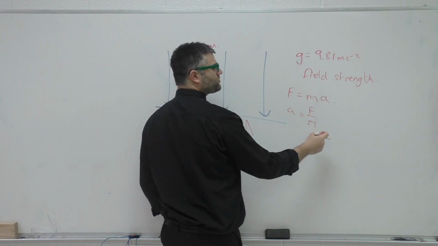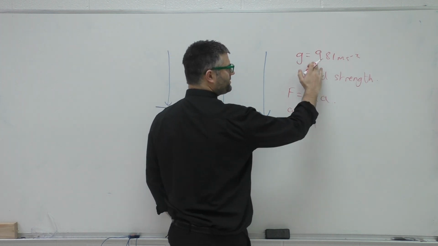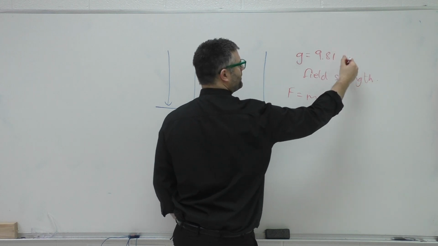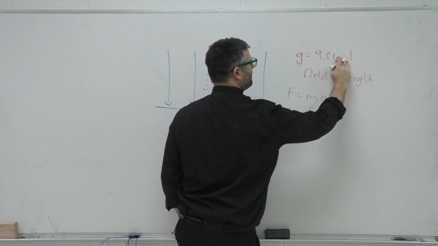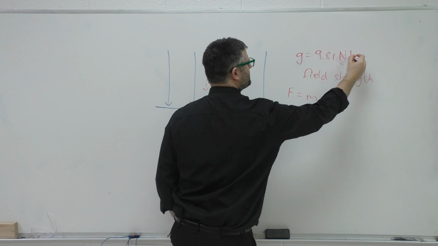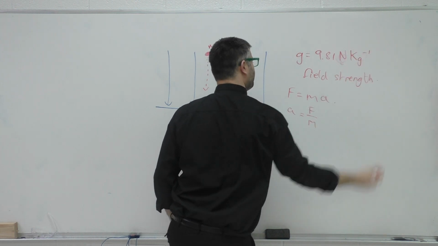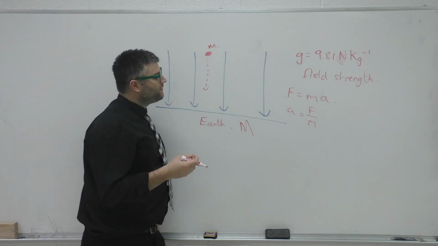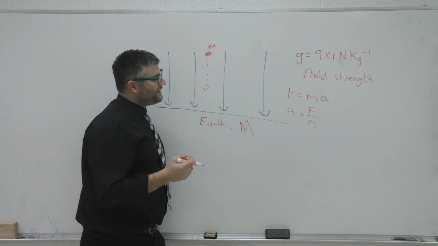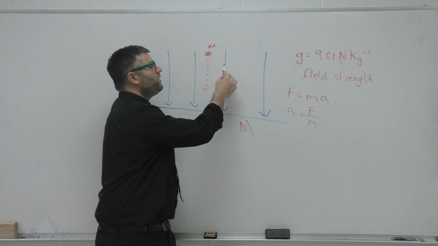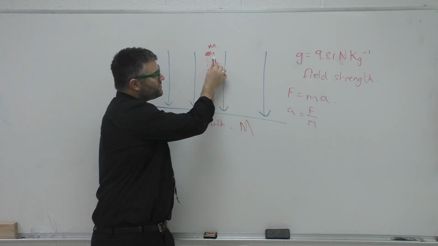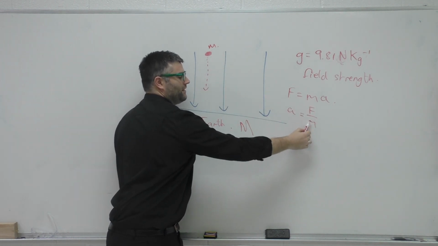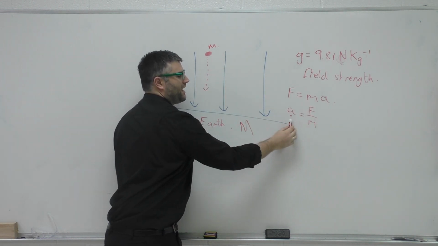So now this field strength is not 9.81 meters per second, it is, sorry, I'll do the correct terms, newtons per kilogram. And that is saying that when I put a mass in this field, I have a certain amount of force acting on it per unit mass.